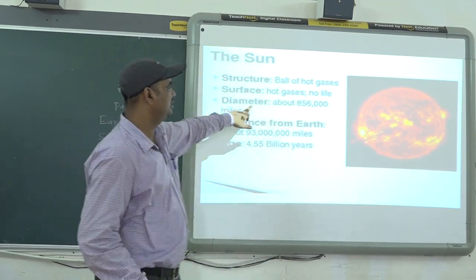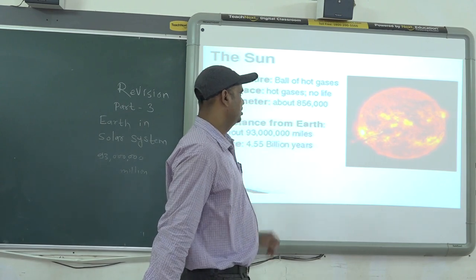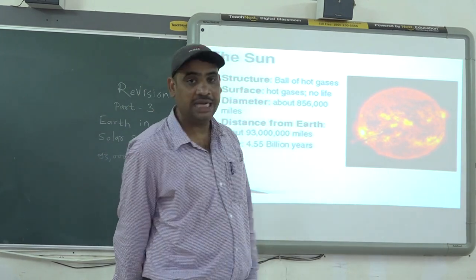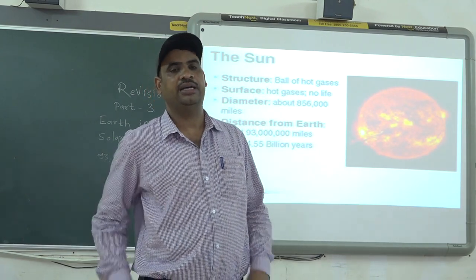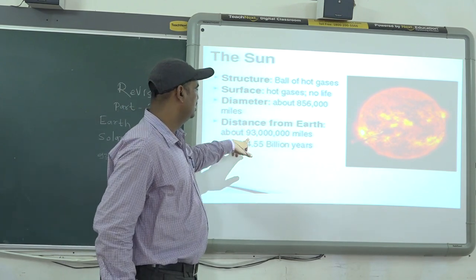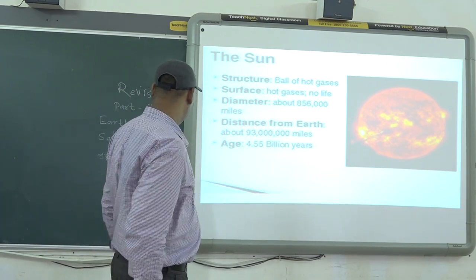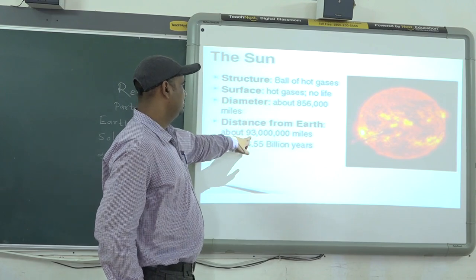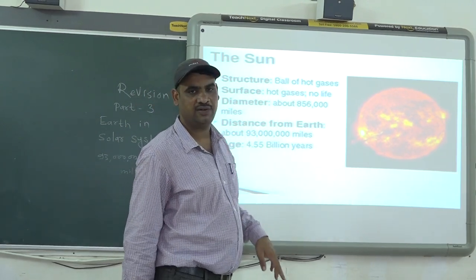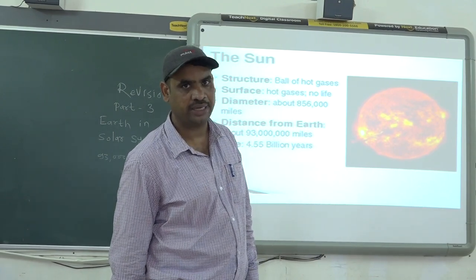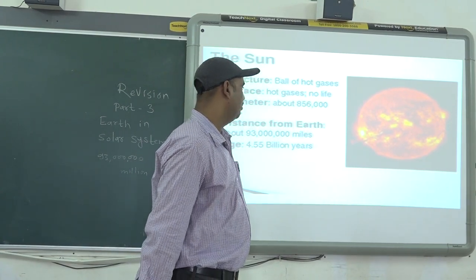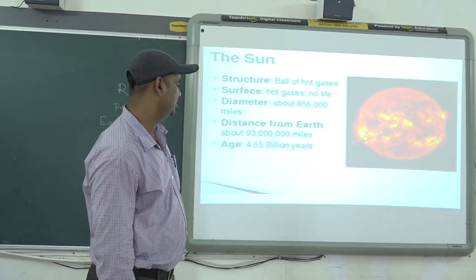How much is the diameter of the sun? Its diameter is 856,000 miles. The distance from the earth is 93 million miles.